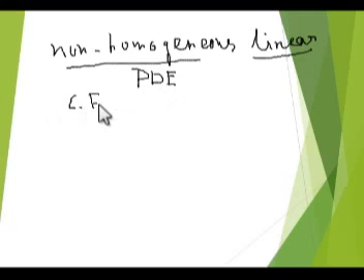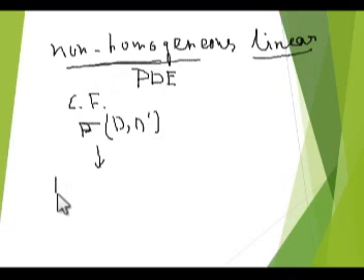So to find out the complementary function, we have to remember that if you factorize this f(D,D'), then since it is non-homogeneous, after factorization you will get the form bD minus eD' minus c.